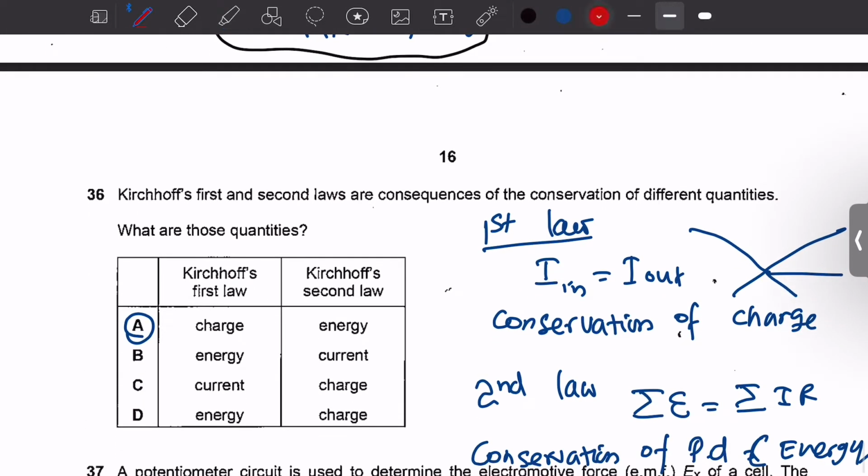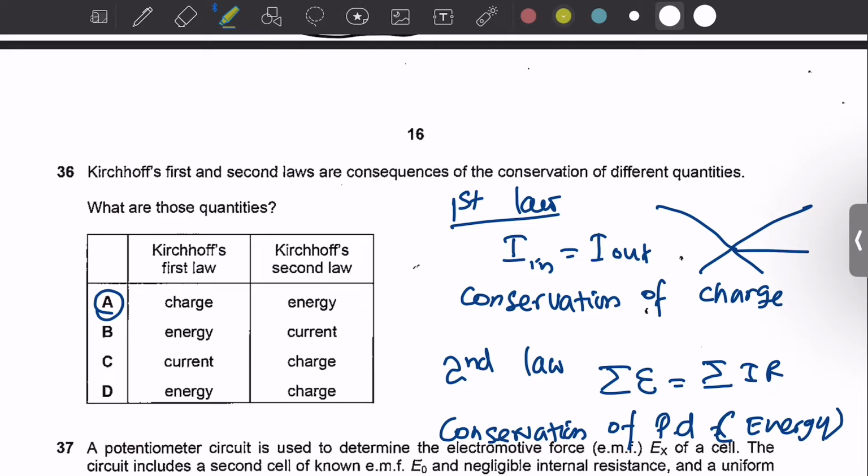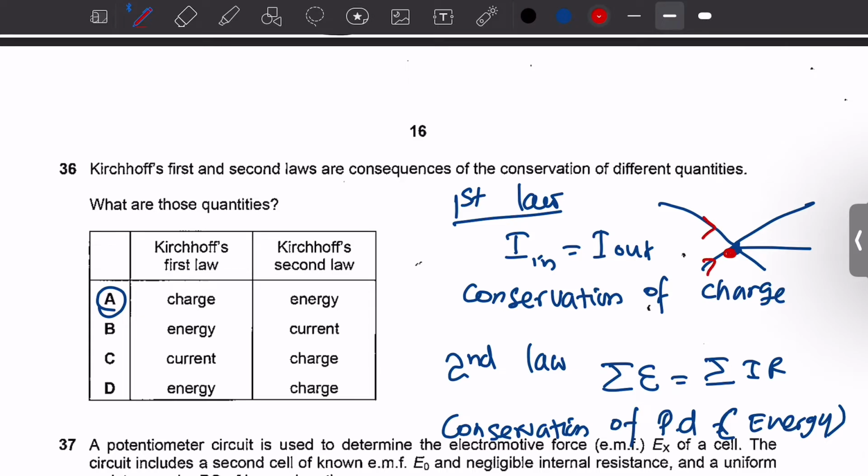Question 36. Kirchhoff first law and second law. First law, what is first law? First law says in a junction, this is a junction in a circuit, the current coming in and current going out cancel out. Or let's say this is 2 ampere coming, 5 ampere coming, 3 ampere going, 3 ampere going.